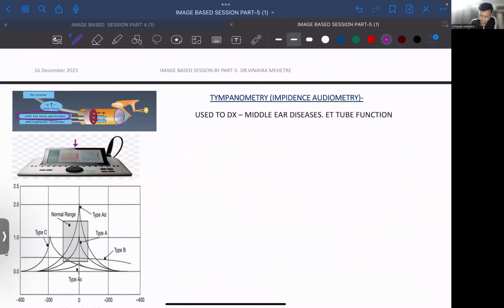Type A is normal. Then comes AS. S stands for sclerosis. Which sclerosis do we have in the ear?